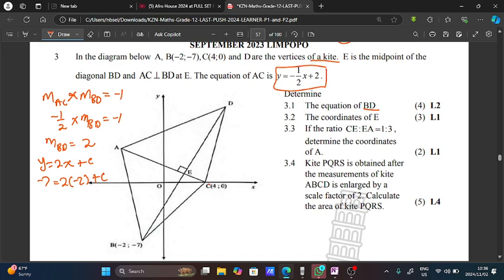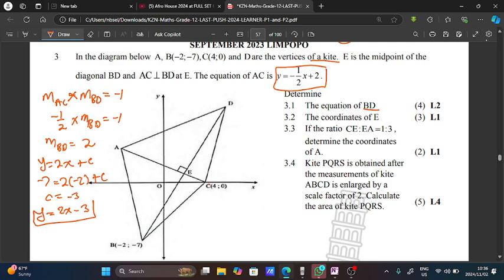Then what do you get? c equals negative 3. So the equation is y equals 2x minus 3. That will be the equation of BD. Any question?